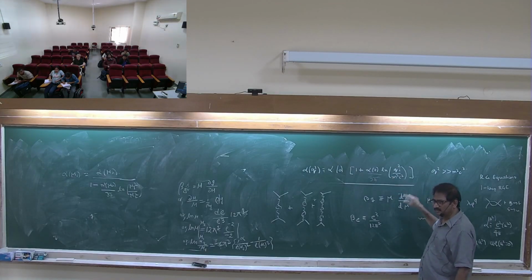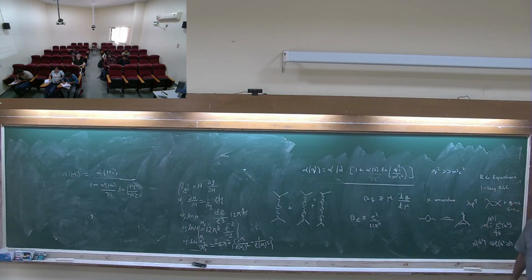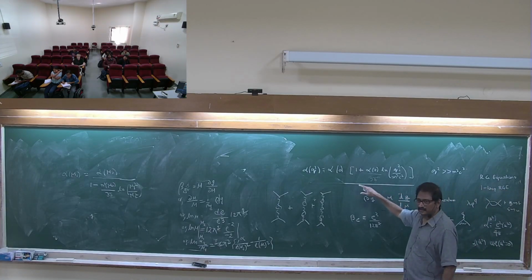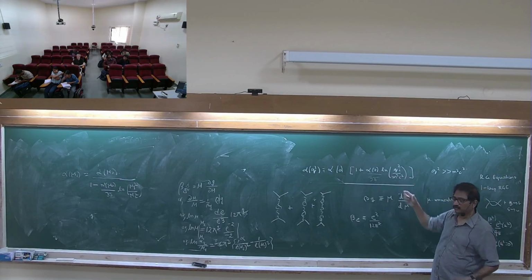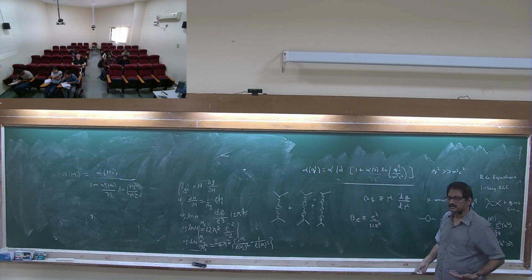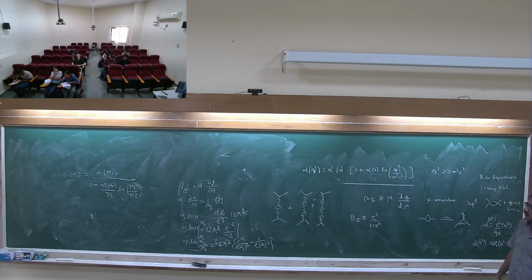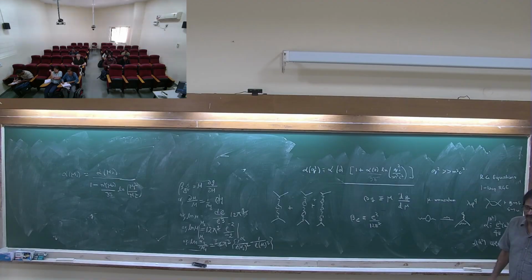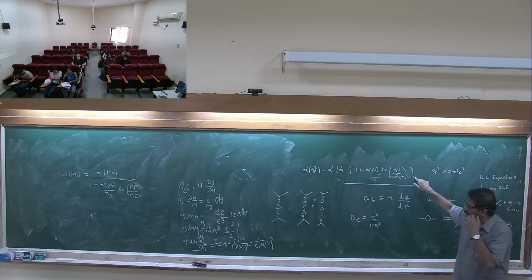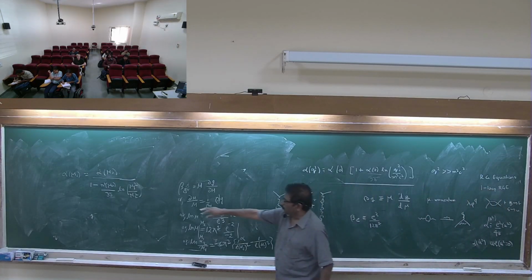What kind of a series is that? It's a geometric series. And if it's a geometric series with a ratio that is smaller than 1, you can sum it. And when you sum this, what do you get? This thing, which is exactly what you have over here.